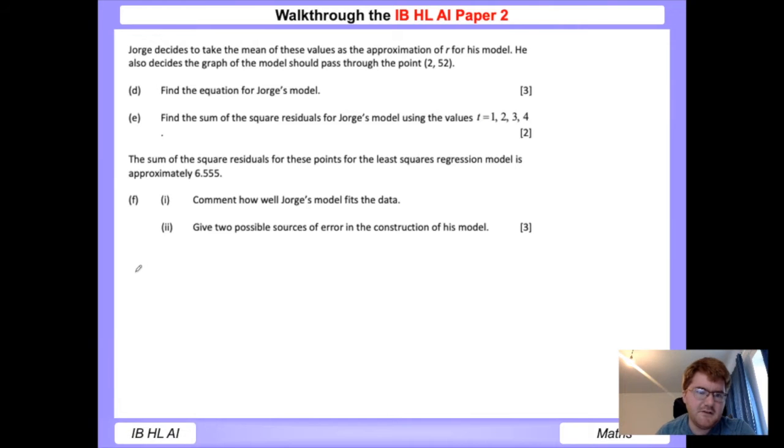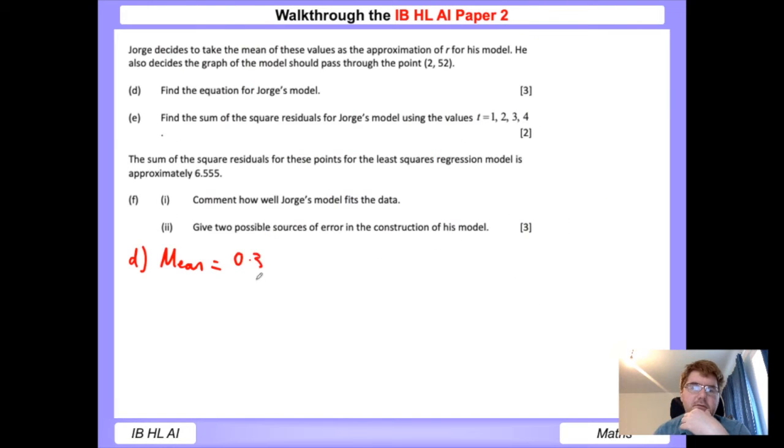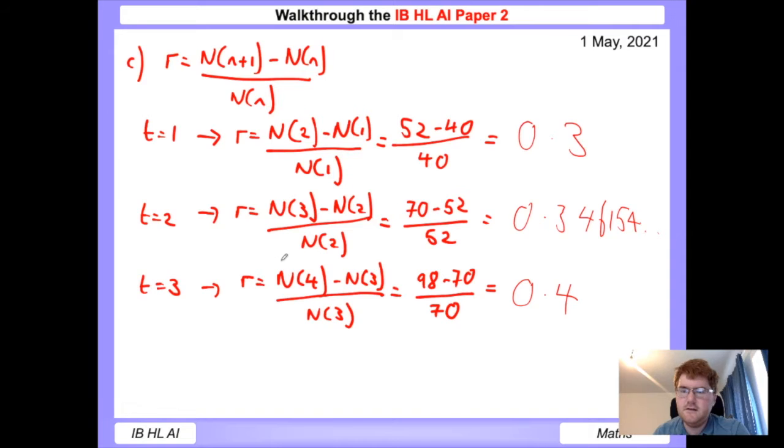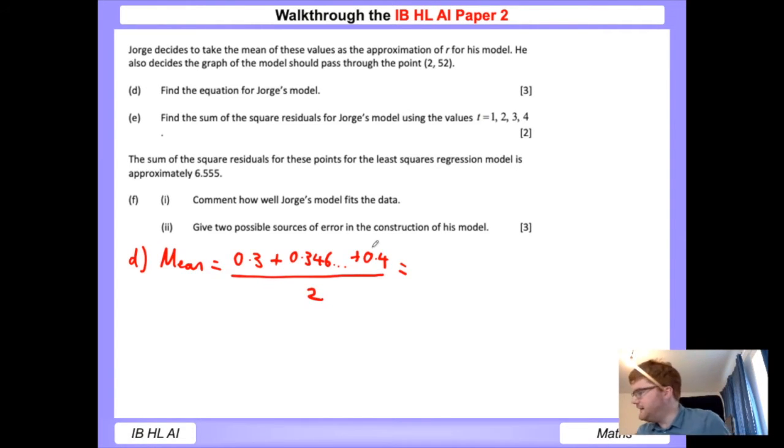The first thing we're going to do is find the mean. So the mean is going to be equal to those 3 values that we saw. So 0.3 plus 0.346 plus 0.4 divided by 3. So you can do this on your calculator. I'm sure you can do that at home.